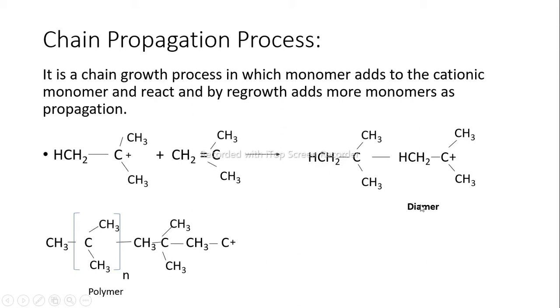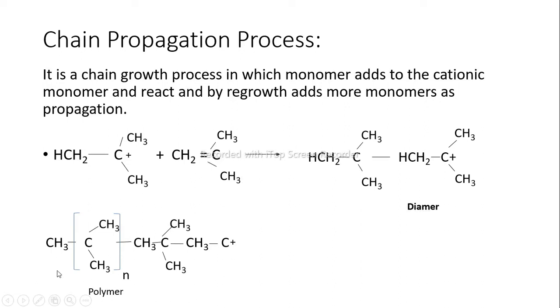This dimer is then connected with other monomers to form a chain-like structure, which is known as a polymer. For example, if we take n number of monomers to react with the dimer, then we get a structure like this.